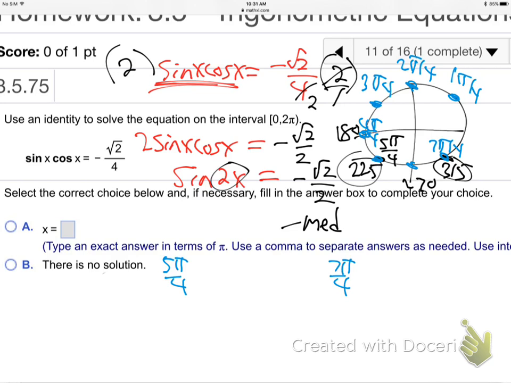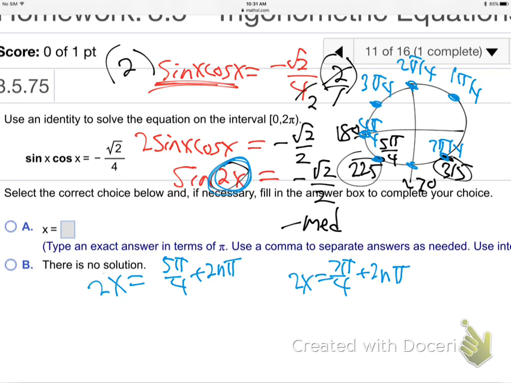I can't stop here. Why not? 2x, remember? If you have a double angle, you have to write 2x equals that plus 2 n pi. We've been getting to avoid that for a while, but here it is again, rearing its ugly head. Everybody see that? When you have 2x or 3x, you can't just do your 2 answers and be done.